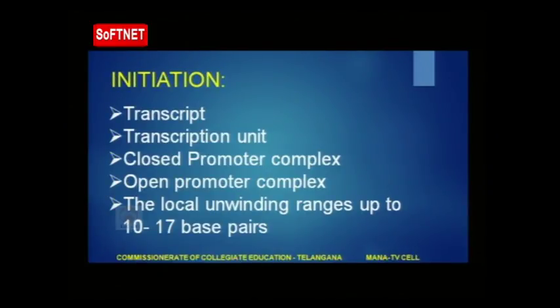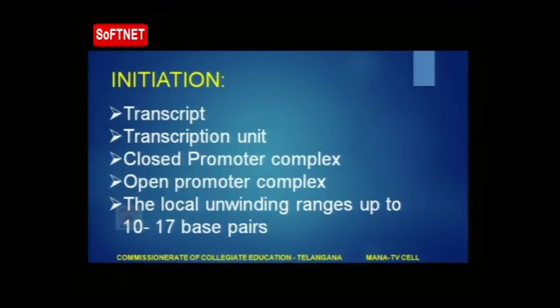Then the sigma factor, the fifth subunit of the RNA polymerase, will come and direct this core enzyme to the specific regions like -10 and -35. After the binding of the sigma factor, the closed promoter complex will convert into an open promoter complex because of some conformational changes in the RNA polymerase enzyme.